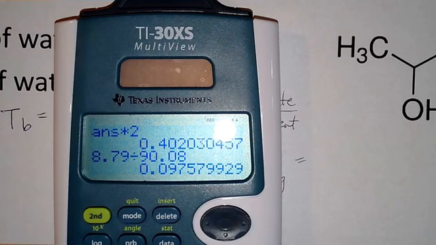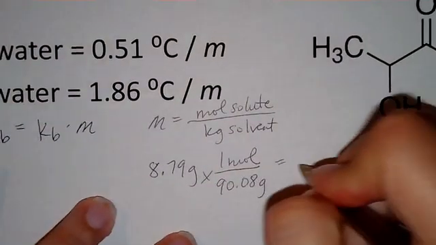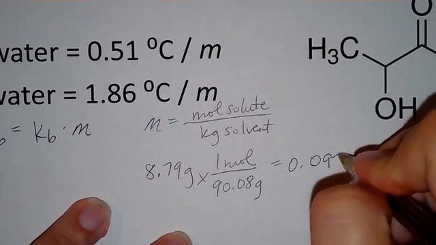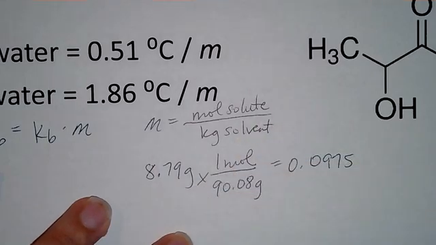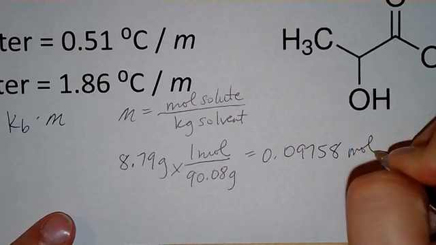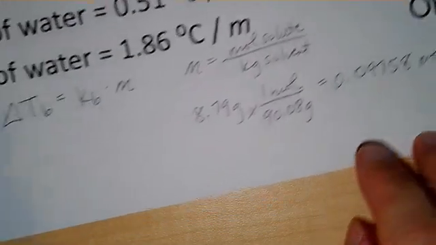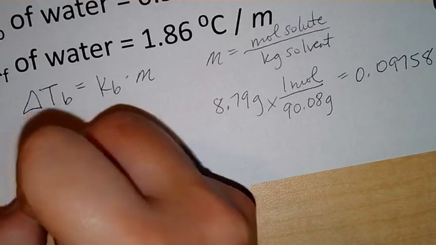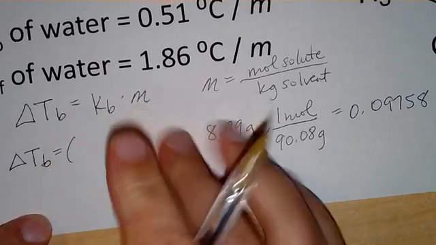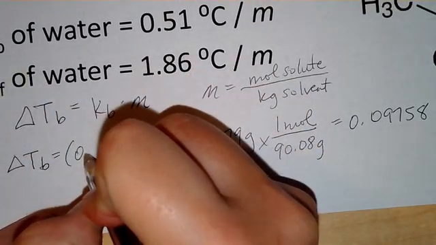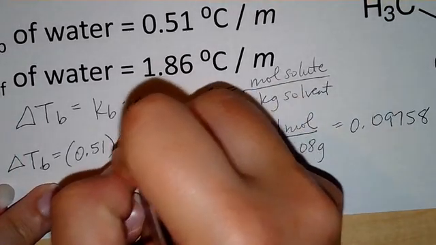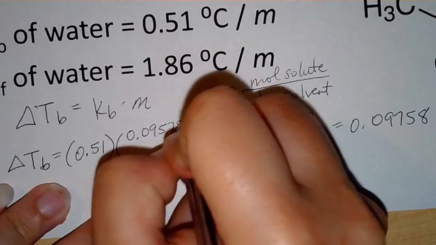So 0.097558. Alright, so these are going to be our moles for our solute. So over here, our change in temperature for boiling point equals our Kb value, 0.51, times our molality, so you put moles on the top, over kilograms of solvent on the bottom.